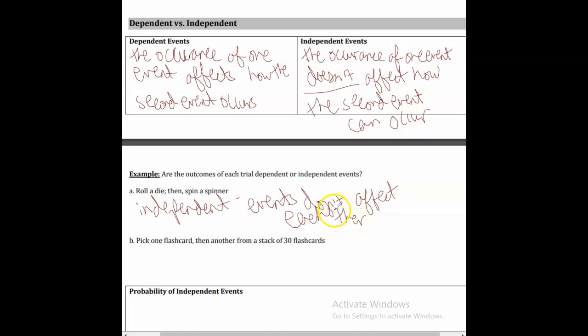So my example B is saying I pick a flashcard and then I pick another flashcard. So I'm thinking, does my first flashcard affect what I get from my second flashcard? And it does, because once I pick that card, I can't pick it again, so it does affect my second flashcard. After my first draw, I don't have the same options on my second draw, so it's dependent.